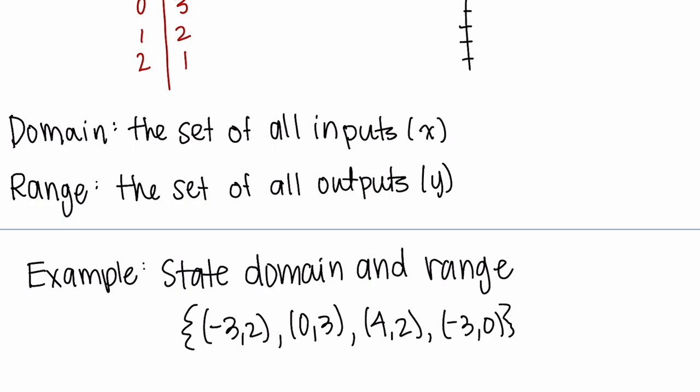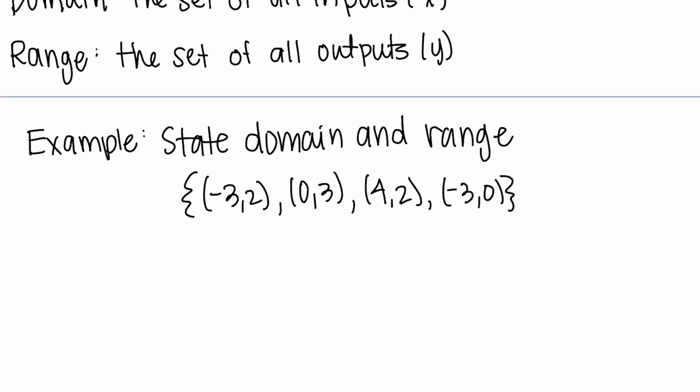So this is basically what we were doing with our mapping, where we listed out our inputs and listed out our outputs, but we're going to write it a little bit differently. Your domain is your input, range is your output. For our domain, I am just going to list them out.